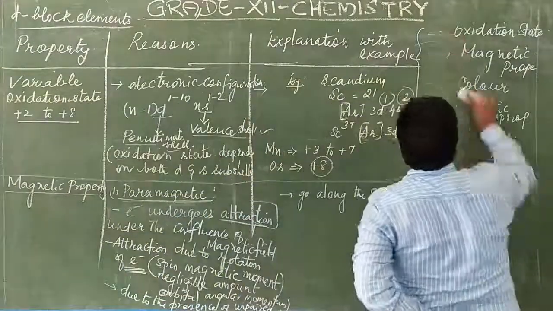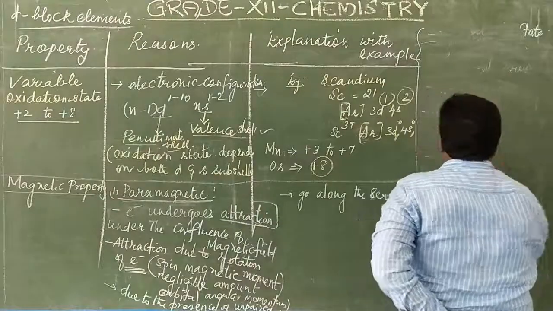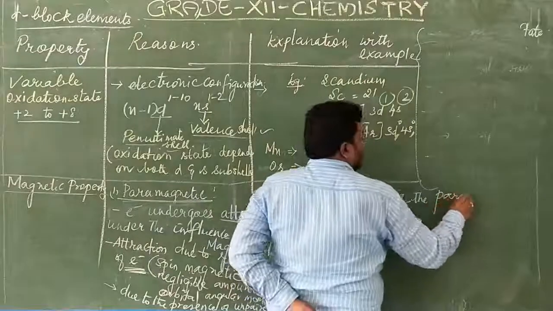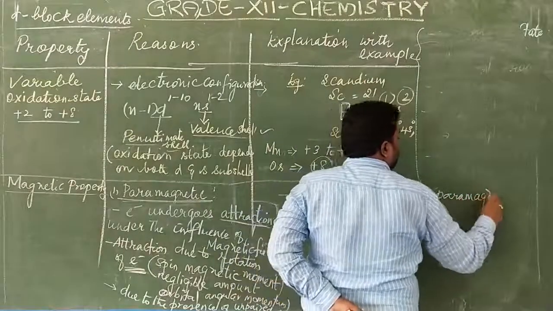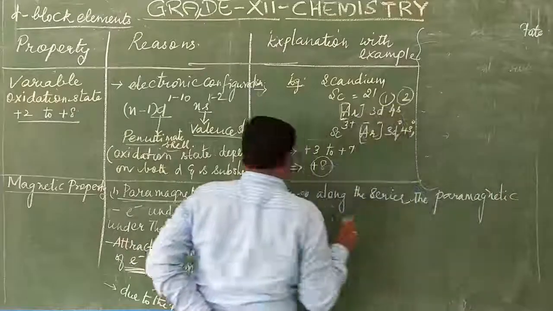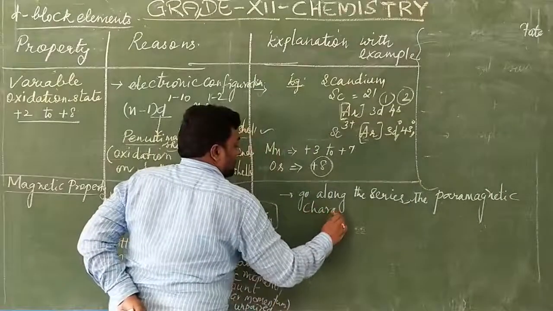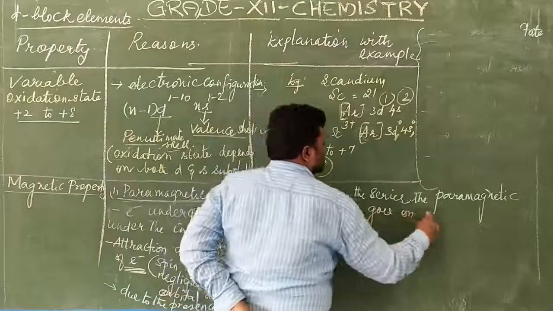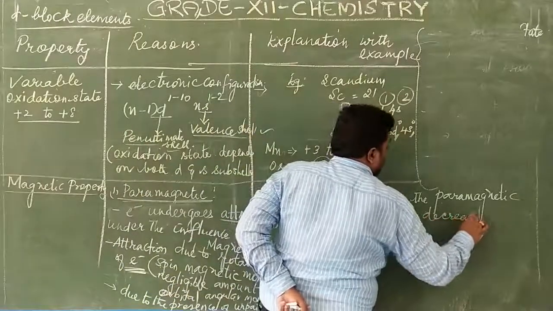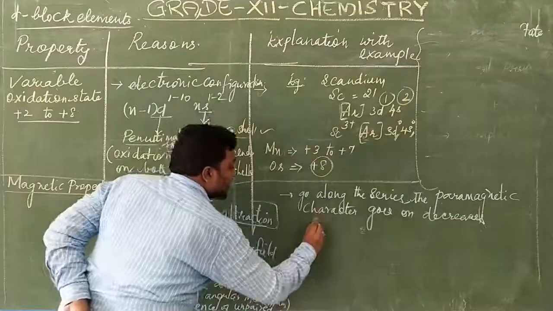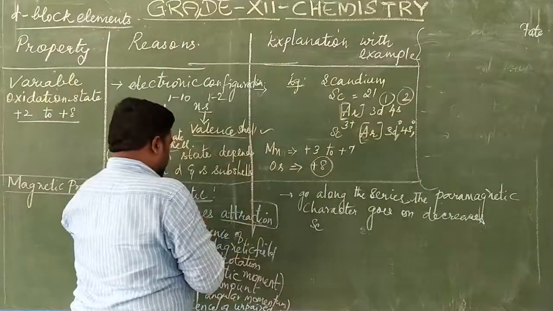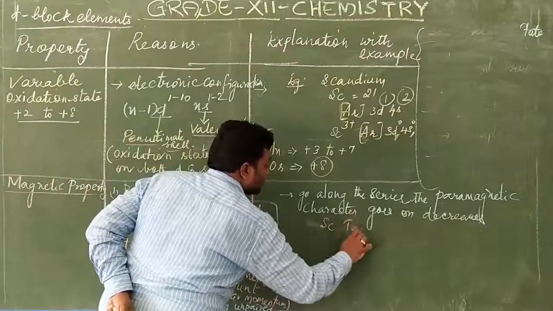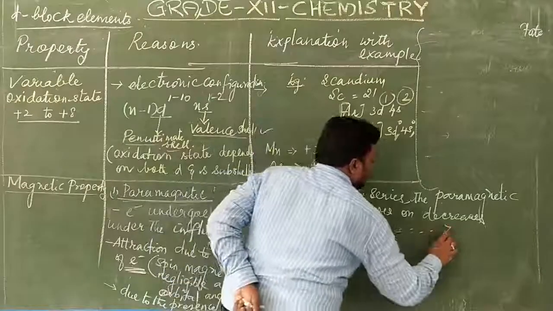The paramagnetic character goes on decreasing. So it starts from scandium, isn't it? From scandium, then titanium, then vanadium, till zinc.